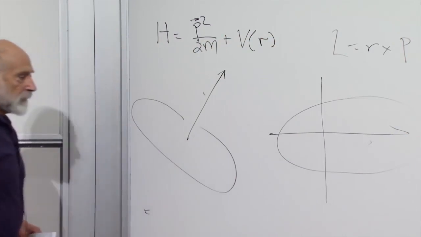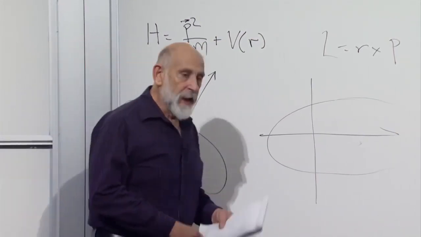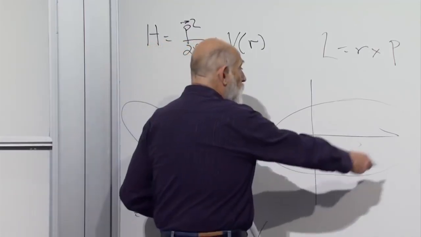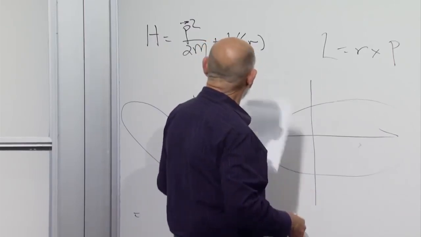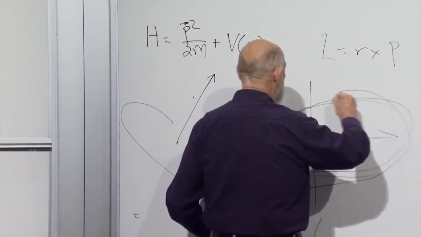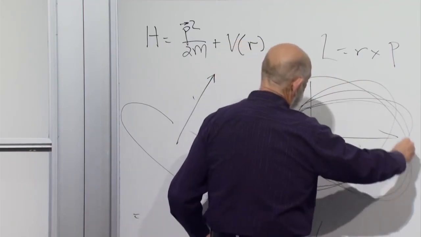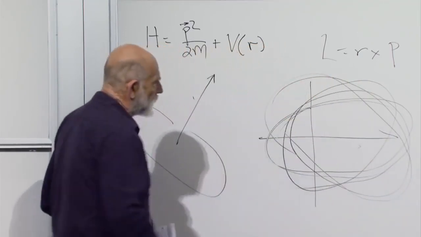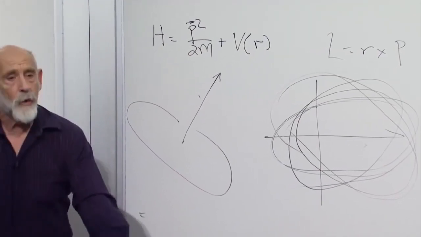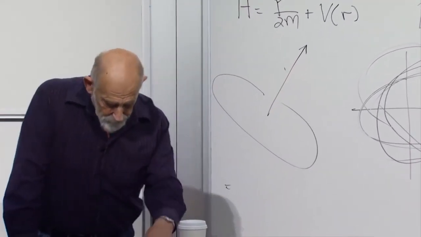So there's our orbit. Orbits do not have to be circles. Most orbits are not circles. In fact, for a general problem, most orbits won't even be closed. If you take a general potential, most orbits will not be closed. They will precess, the axis of the orbit will precess. We're not going to worry too much about whether the orbits are closed. It's not our concern right now.